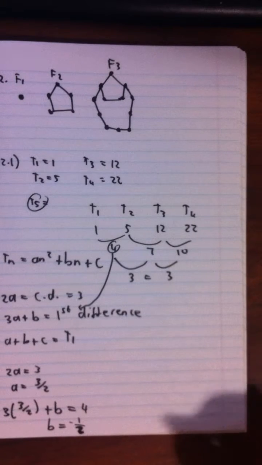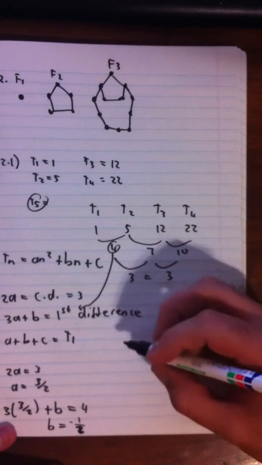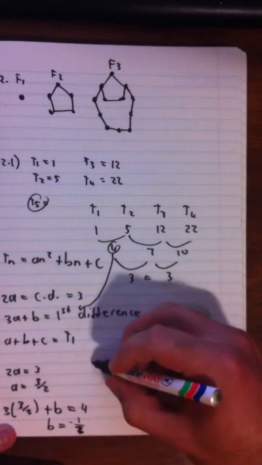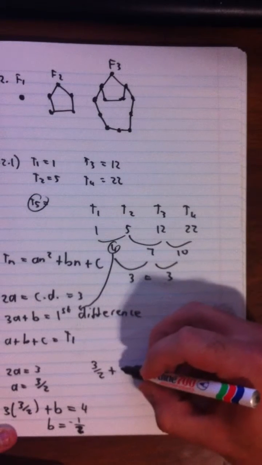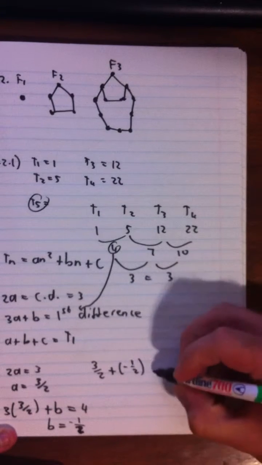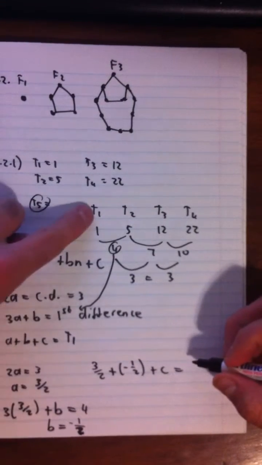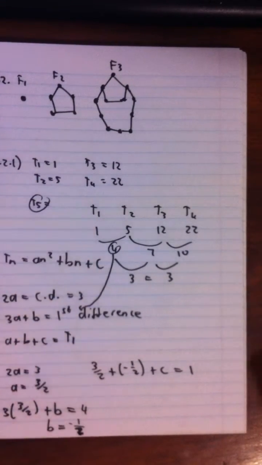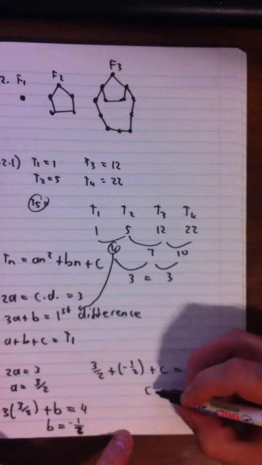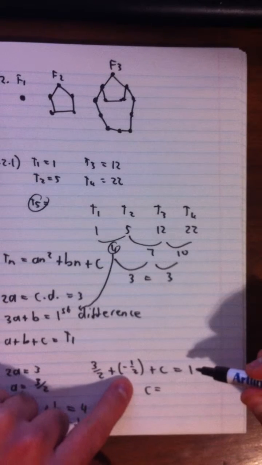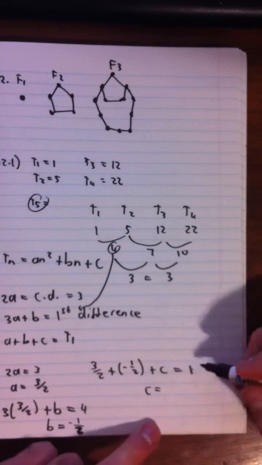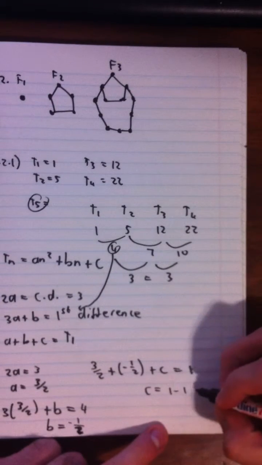My apologies. And to find our c value, we'll say that a plus b, which is plus negative a half, plus c is equal to term 1, which is 1. Okay, so c equals 3 over 2 minus a half is 1. So 1 minus 1 is 0.